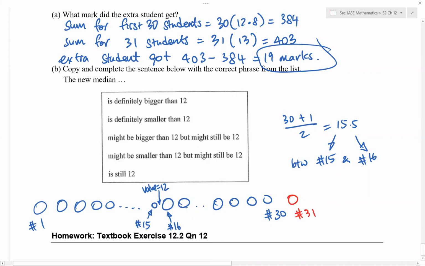When we have 31 students, the median position, we are looking for median position, (31 + 1)/2, we get 16. So the new median position is 16. Now this over here has our new median. Okay, but number 16 will be our new middle position.